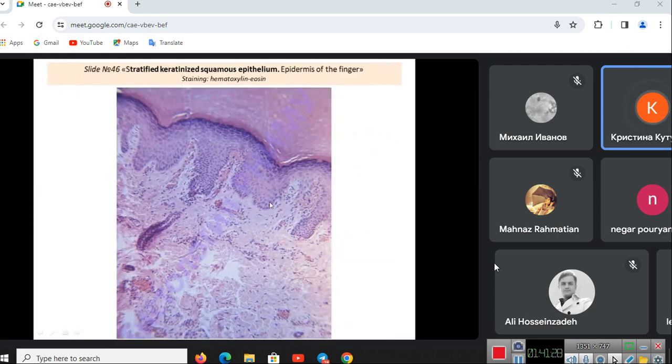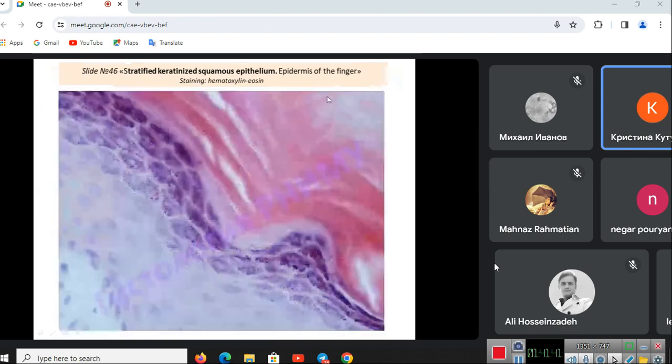Another picture: stratum basal, stratum spinosum, stratum granulosum, stratum lucidum, and all the rest stratum corneum. At high magnification, stratum basal, because below it we can see loose fibrous connective tissue, whitish.